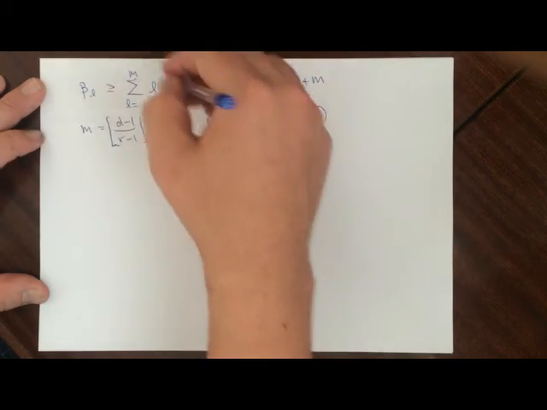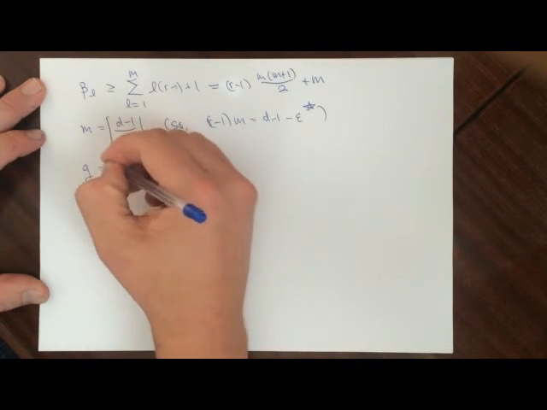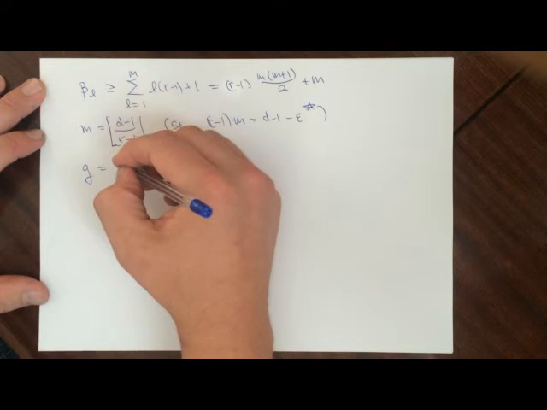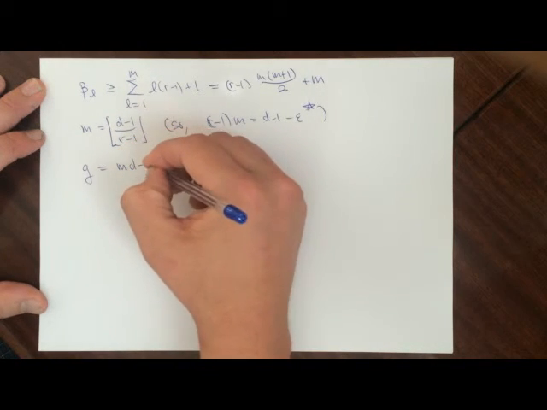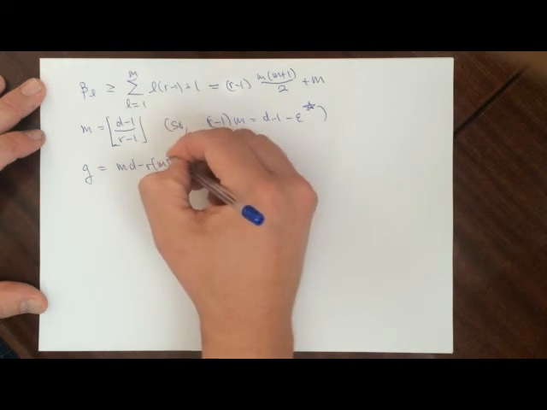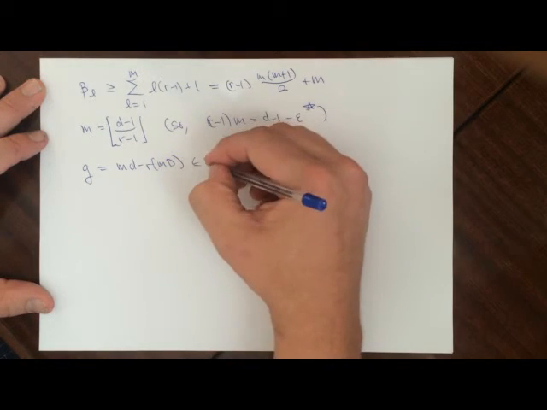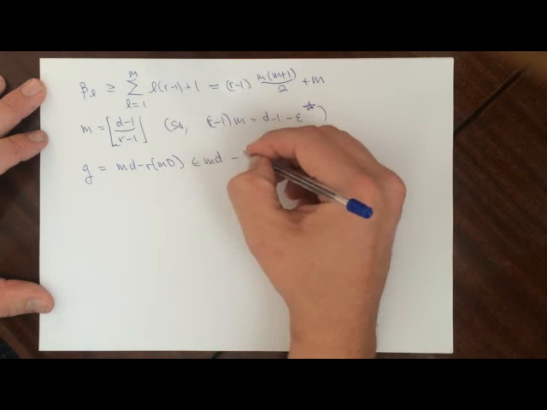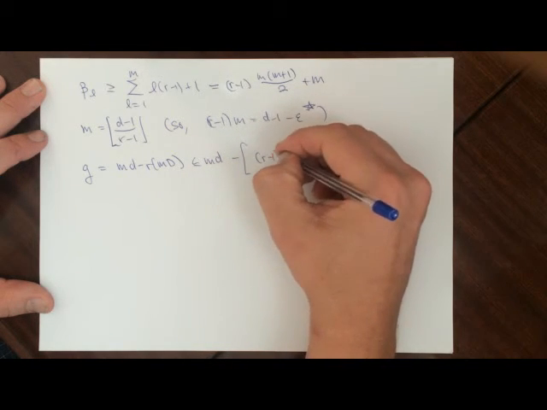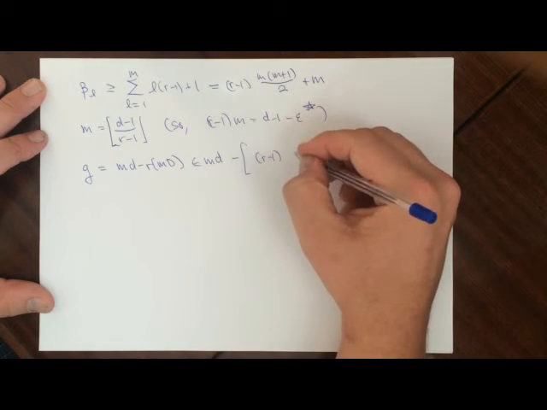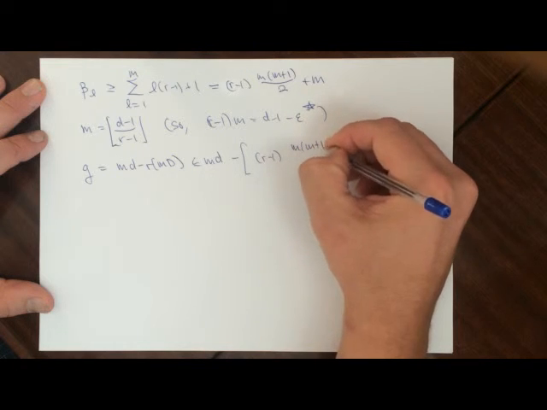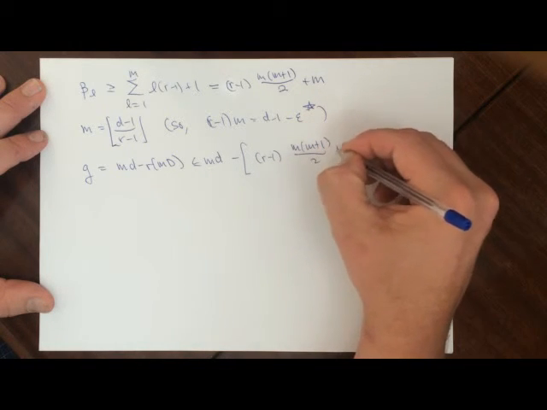Then remember the computation at the beginning. We had this is equal to MD minus R of MD, which is less than or equal to, now we're just going to plug in everything, MD, and now we have this lower bound, so this is r minus 1 times m times m plus 1 divided by 2, plus m.